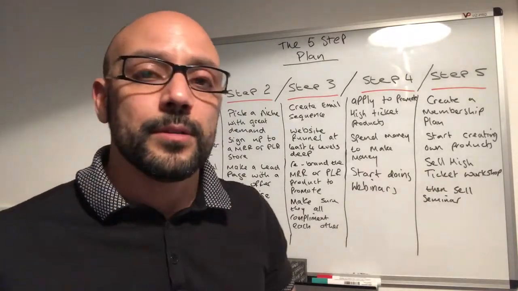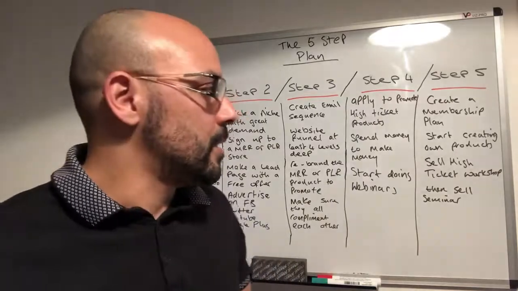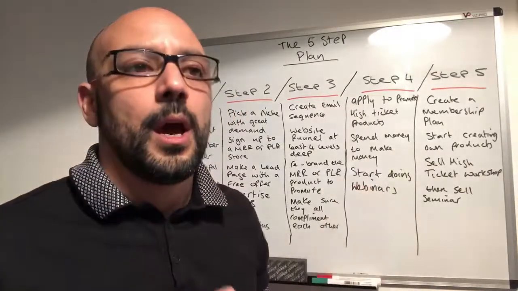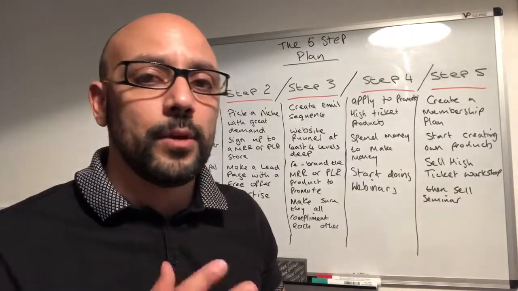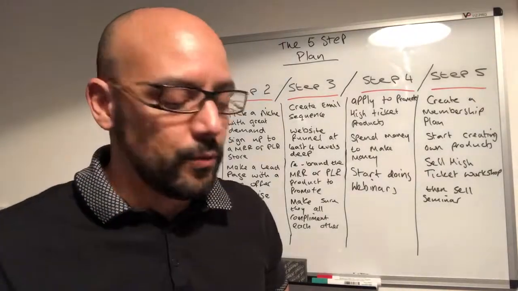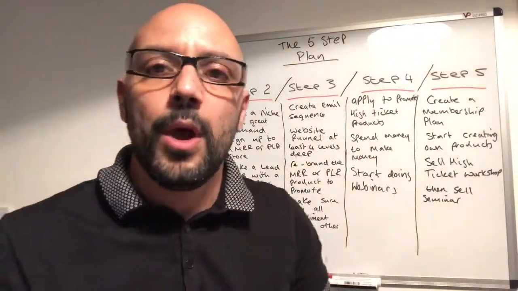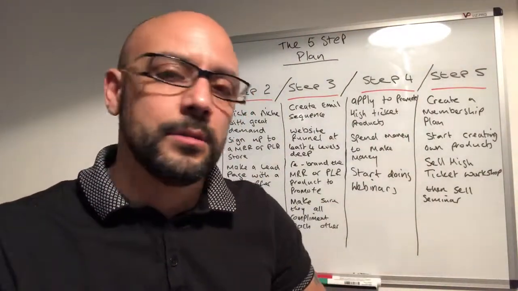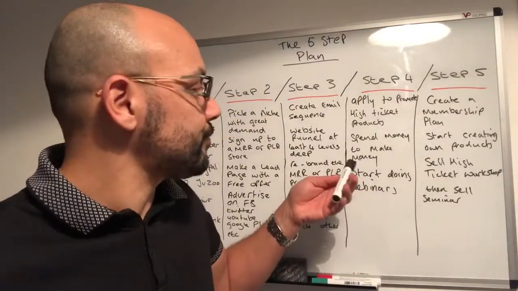The reason for this is that you're not used to having high ticket products yourself. The PLR products aren't high ticket products. They're good products that you can sell for about $9, $27, $47, maybe $97. But high ticket products, you're talking about $1,999 or so, and more.